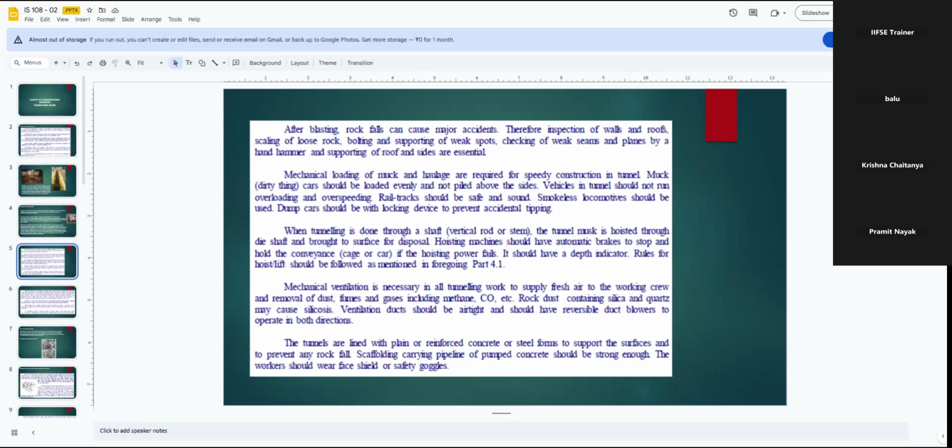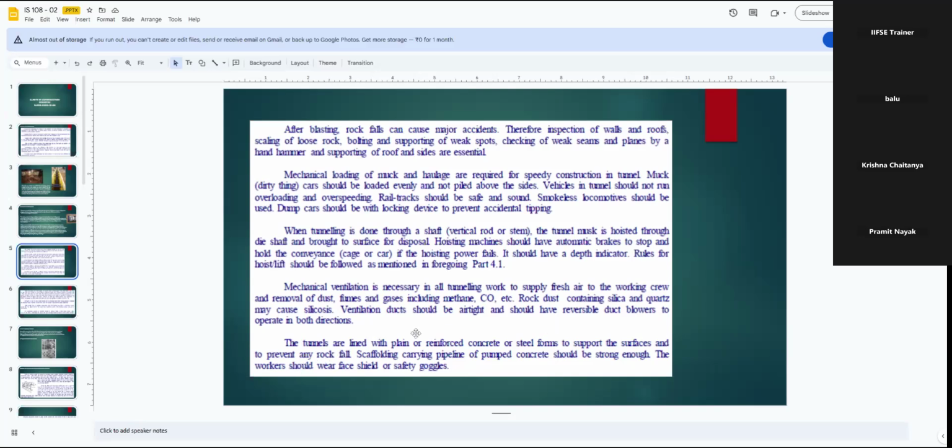In the same way, we also use an exhaust system to collect the dust generated during tunneling activity, and also other gases, because in some mines or areas there might be fossil fuel or coal underneath the tunnel. There might be a chance of CO generation as well.